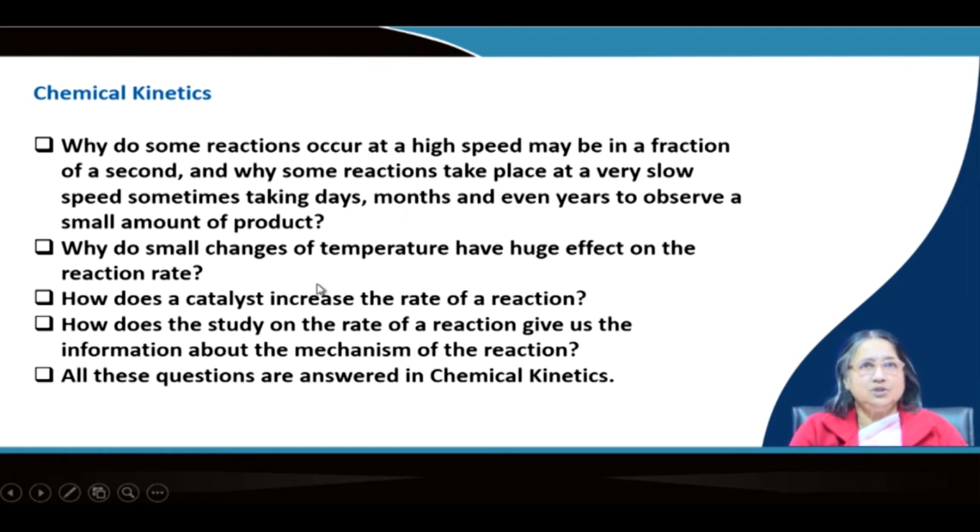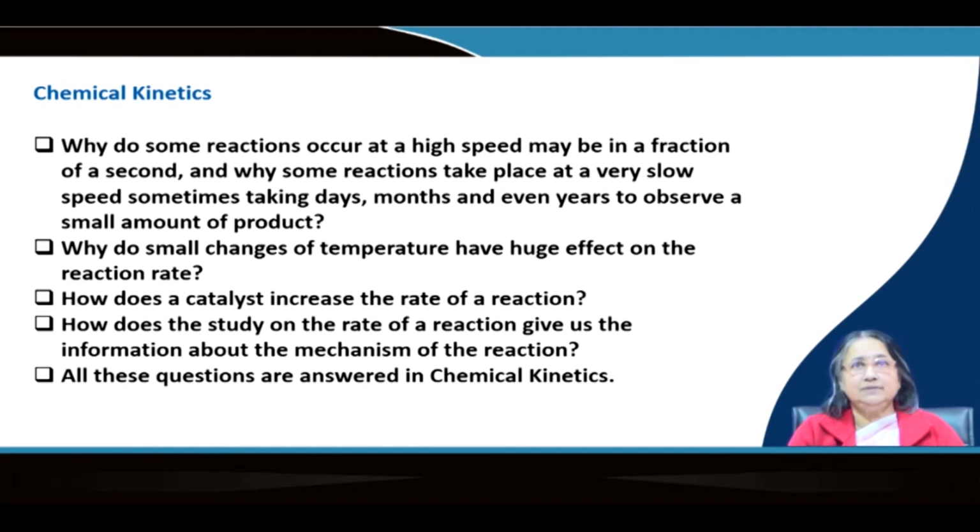Why can small changes of temperature have a huge effect on the reaction rate? And how does a catalyst increase the rate of a reaction? Say for example, hydrogen and oxygen, if you mix them, then they will produce water, and this is a spontaneous process, but it will not happen unless you put in some spark or add some catalyst.